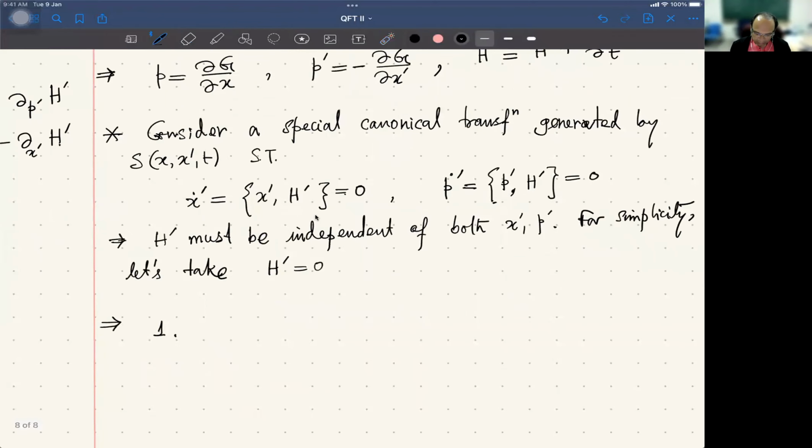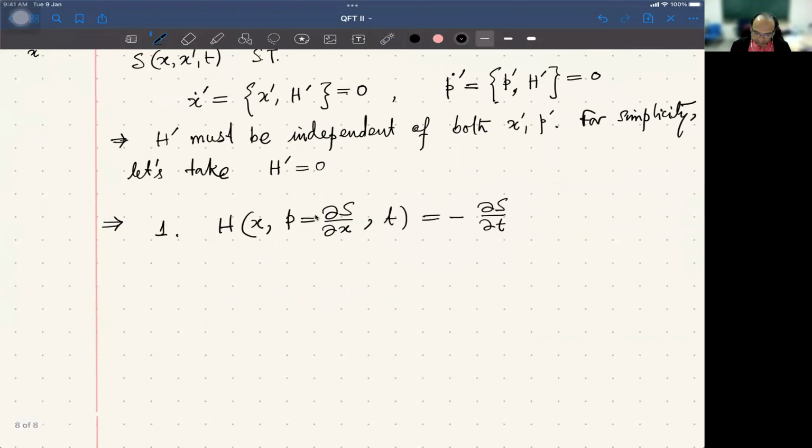So that's h, where h is a function of x and p, and p is equal to del S del x, and h should be equal to minus del S del t. This is number one.